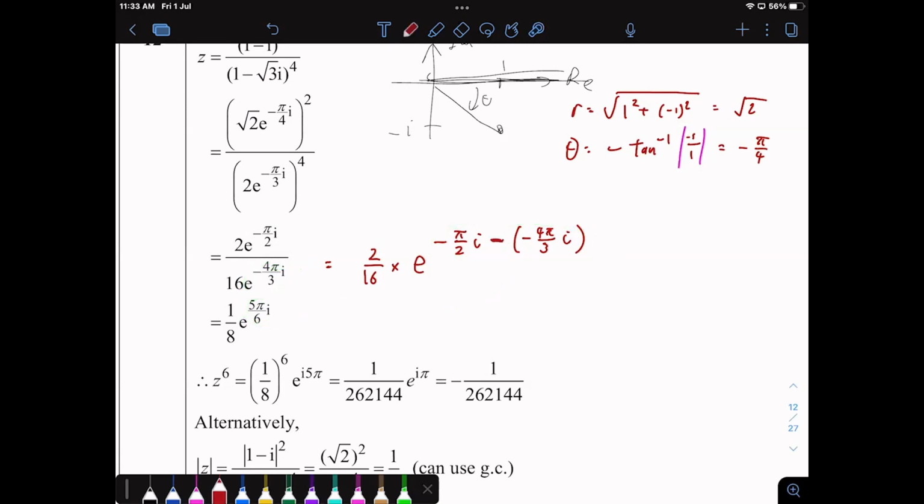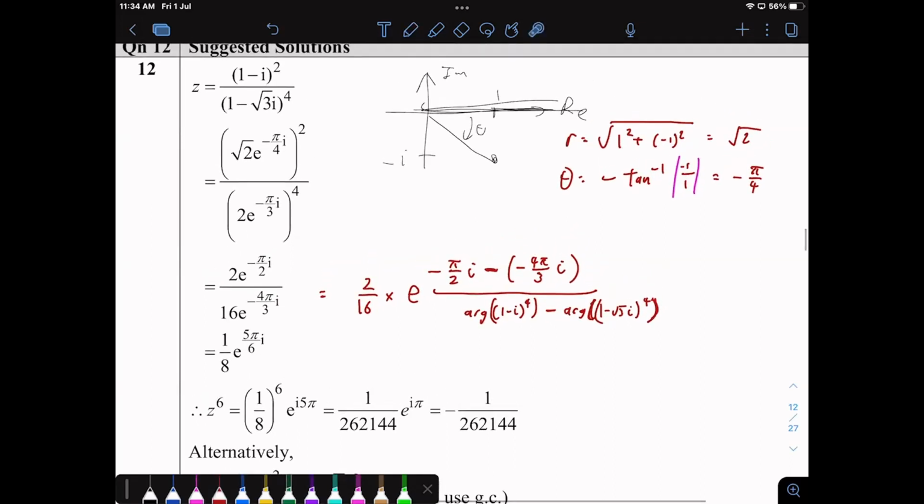Can you see now that this is really just the argument of 1 minus i to the power 4 minus the argument of 1 minus square root 3i to the power 4? The numerator is 1 minus i squared. Oh, sorry, squared, not power 4.